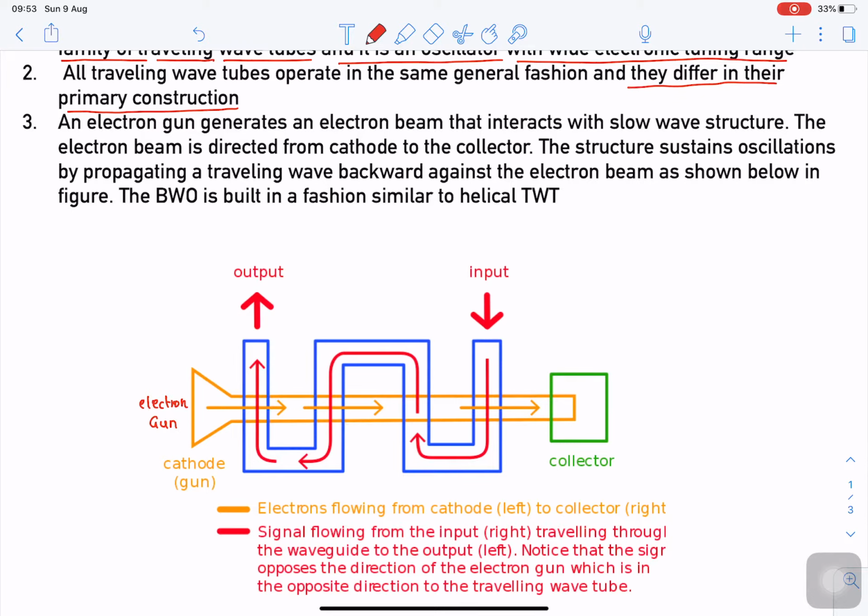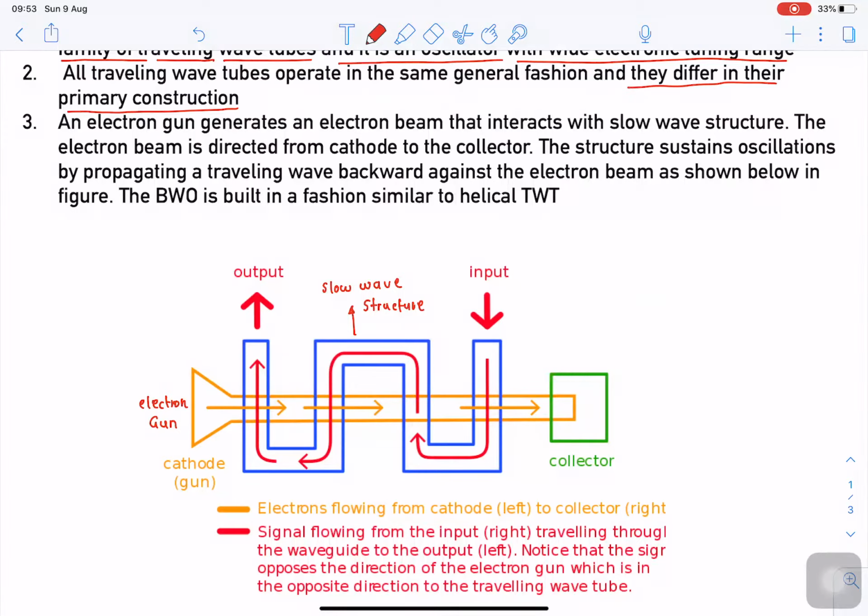The blue colored spiral shaped coil is nothing but a slow wave structure. Please remember, this particular microwave tube also makes use of a slow wave structure. Whatever you observe, the blue colored coil like tube is nothing but a slow wave structure.